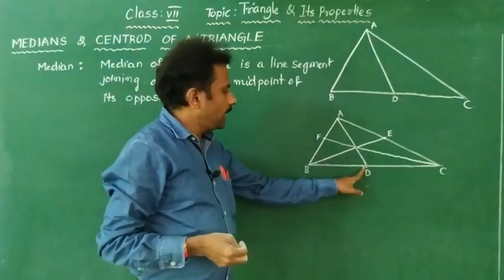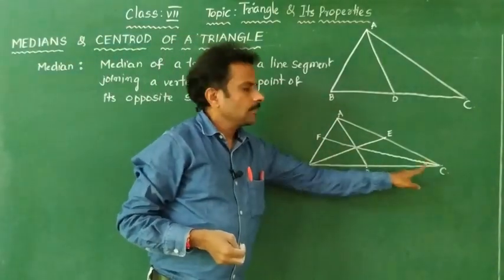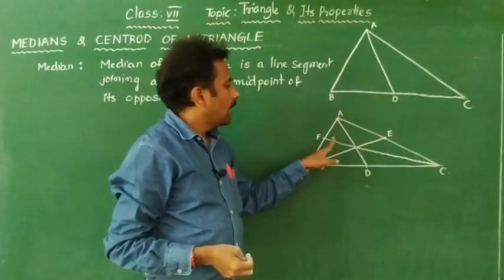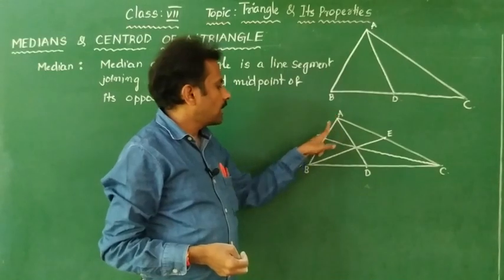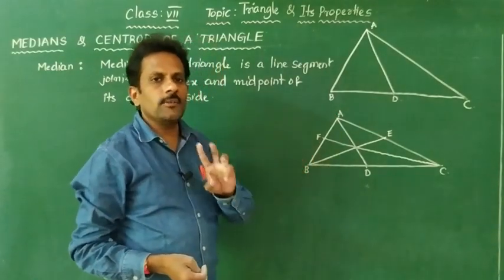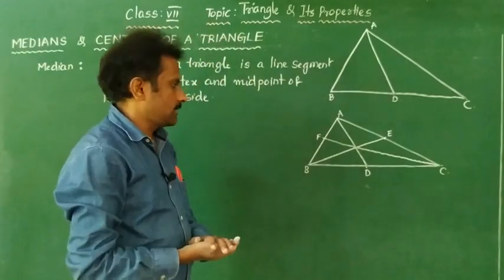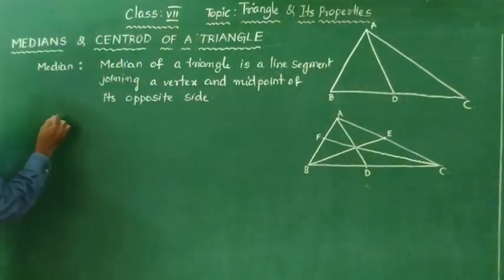AD is the median drawn to BC side. BE is the median drawn to AC side and CF is the median drawn to AB side. So obviously a triangle has how many medians, children? Three medians.